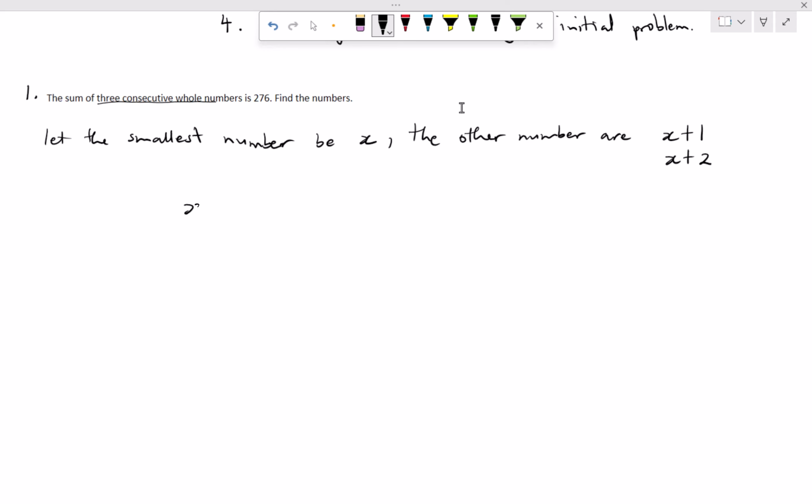So we have x plus the second number, x plus 1, plus the third number, x plus 2, is equal to 276. Now we want to solve for x.